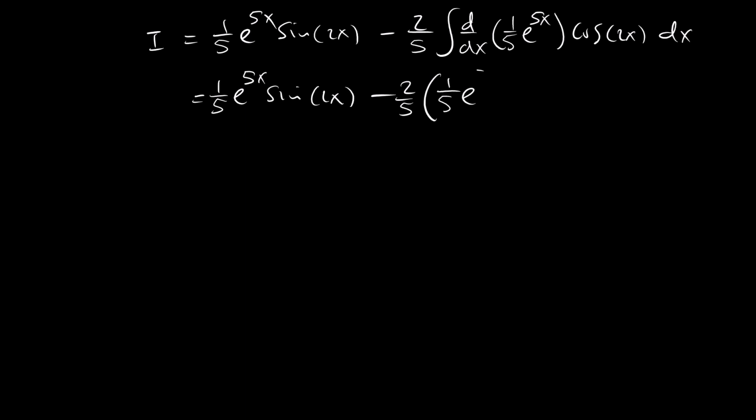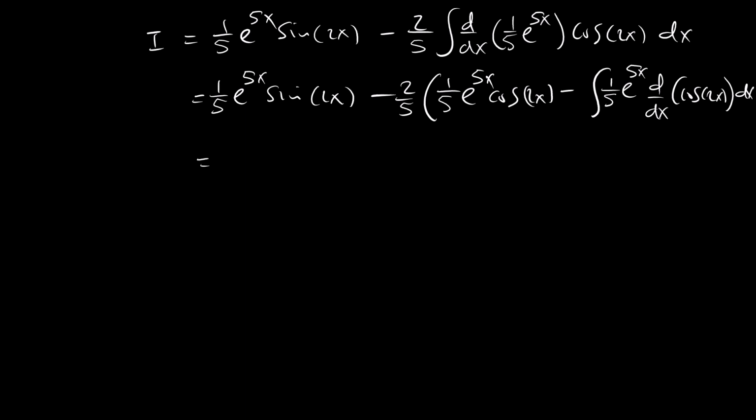uv is minus integral of 1 over 5 e to the power 5x, the derivative of cosine of 2x, right?